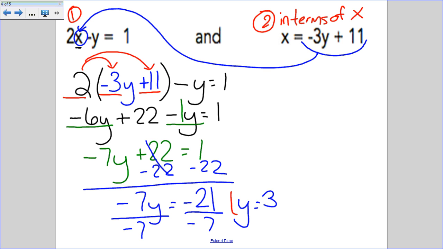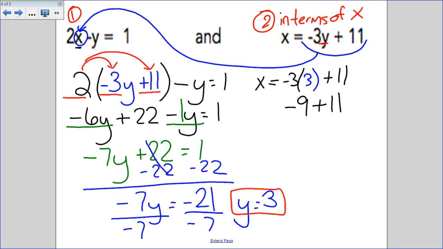I have y equals positive 3. Let's plug this back into our original equation. We're plugging it in right here for y. Our new equation, we can say that x equals negative 3 times, what's our y again, 3 plus 11. Negative 3 times 3 is negative 9 plus 11. We get that x equals 2.